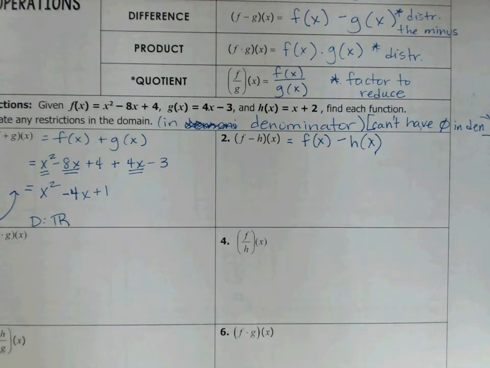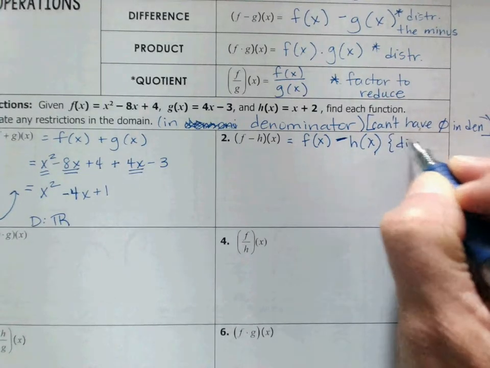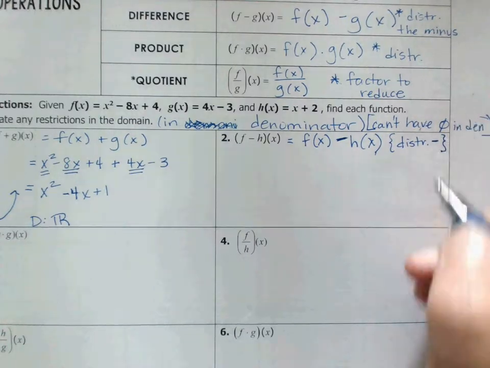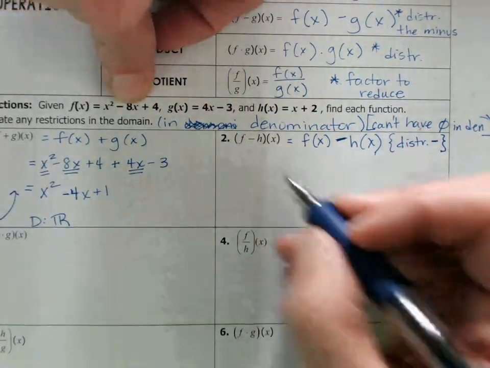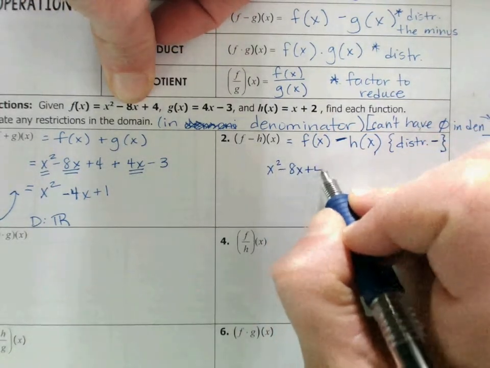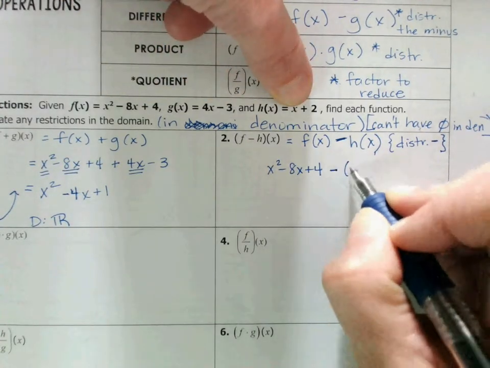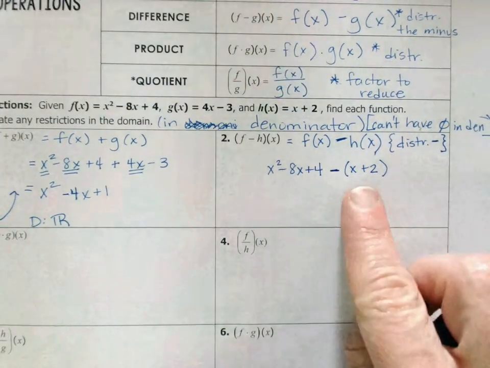So when I do this, because I have the minus, I'm going to have to distribute my minus. So I'm probably going to need to use some parentheses. So I can go ahead and write the first function f minus, and I'm going to use parentheses around h because I know that I have to give that minus to all of h.